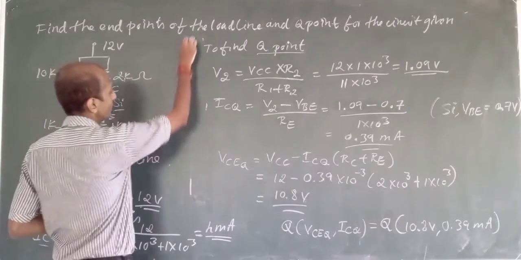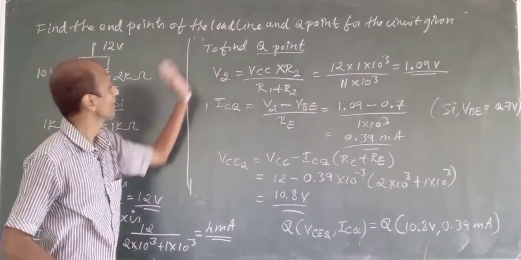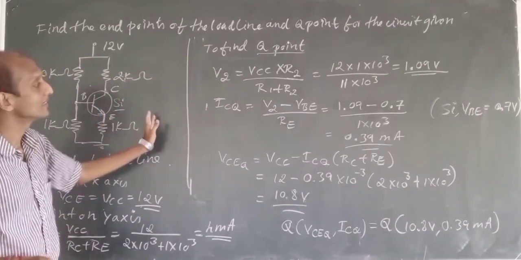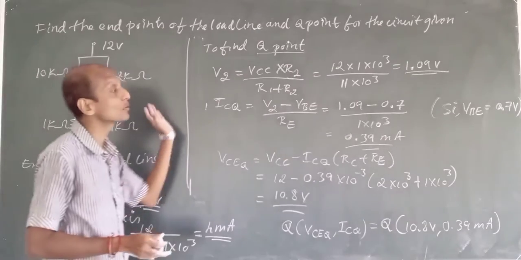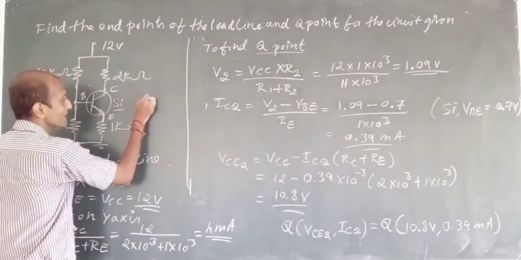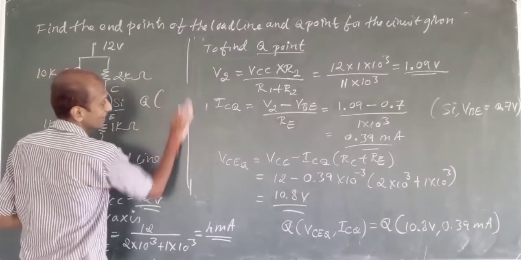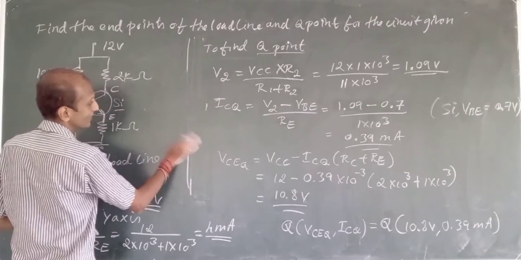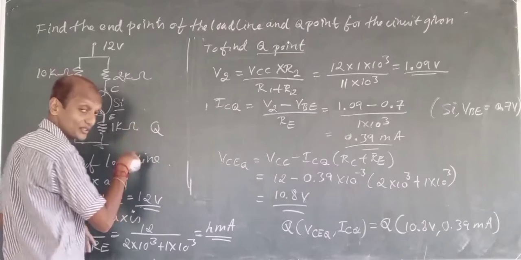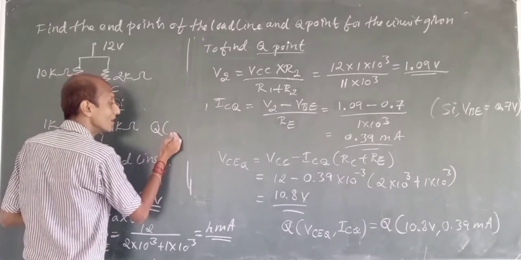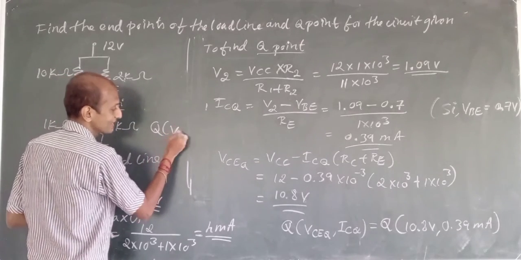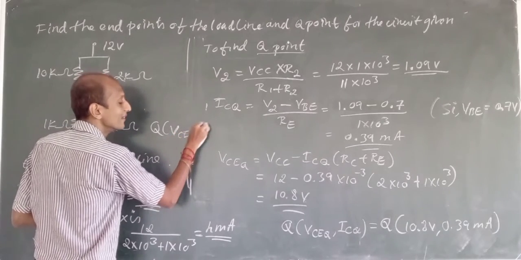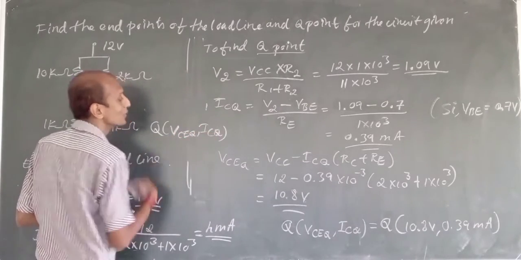Now coming to this side to find the Q point. Once we have found the DC load line, I should find the coordinates of the Q point. That is, the Q point's coordinates, VCEQ and ICQ, I should find.